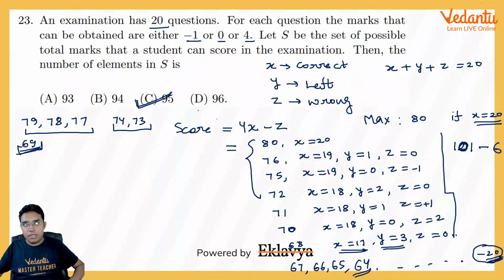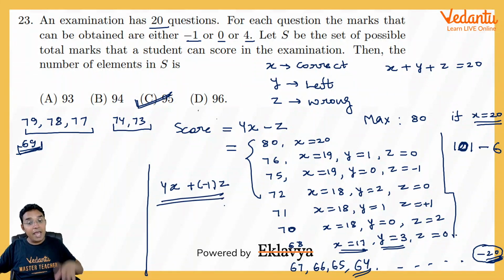Now I will tell you one logic here. If you have done number systems, because 4 and 1 are co-prime numbers, you can make any number with the linear combination of 4x and z, where x and z are integers. But the problem here was that there was a constraint on z, that x plus y plus z has to be 20. If x was 20, it will be 80, and after x becomes 19, my z can take only two values, either 0 or 1.